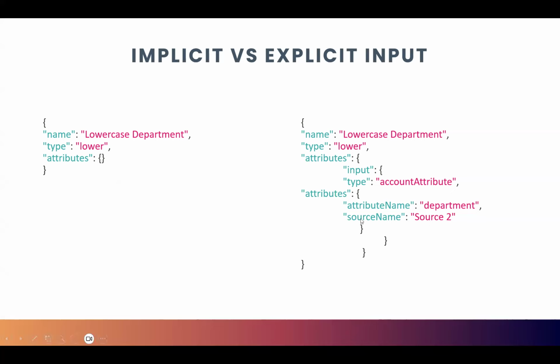So explicit input is more powerful than the implicit input. The transforms are configured separately from the transforms applied via the identity profile mapping tab. So we can apply transforms to our identity attributes as well as the account attributes.